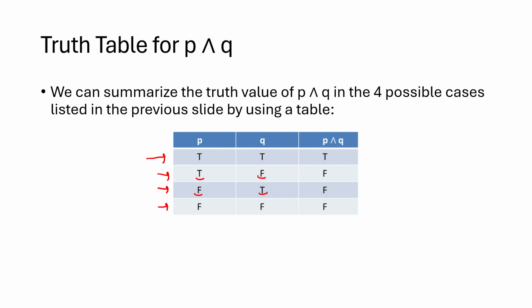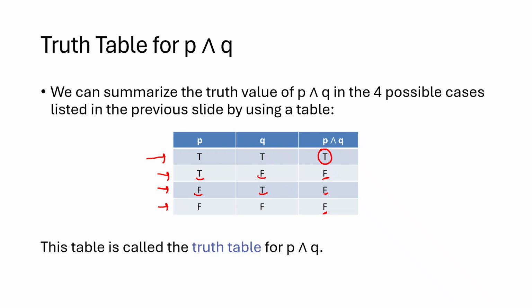And that is reflected in this table, where P and Q is only true when both P and Q are true. If either one of them is false or both of them are false, then P and Q will be false. So to summarize, the conjunction of 2 propositions is true if and only if both propositions are true. And as we said, this is called the truth table for P and Q.